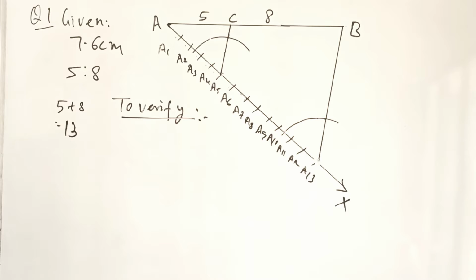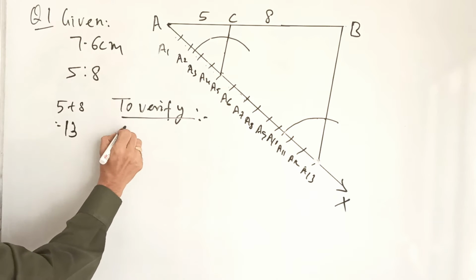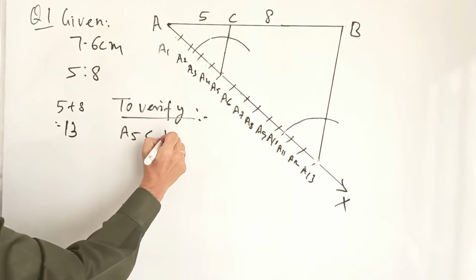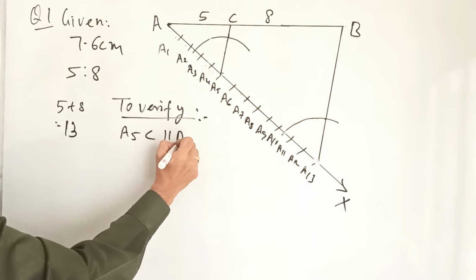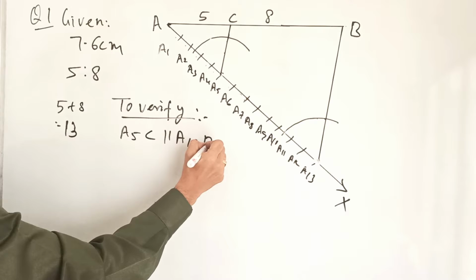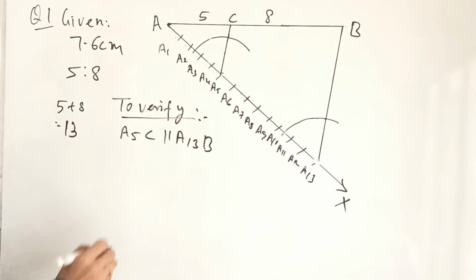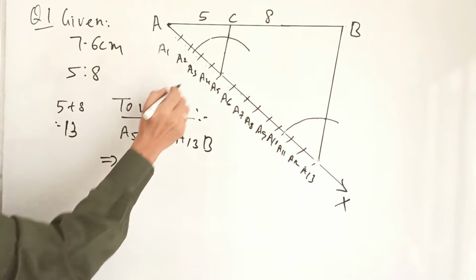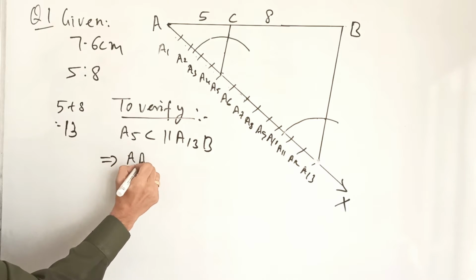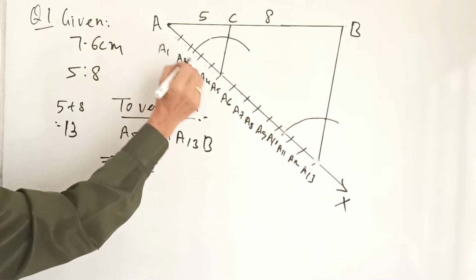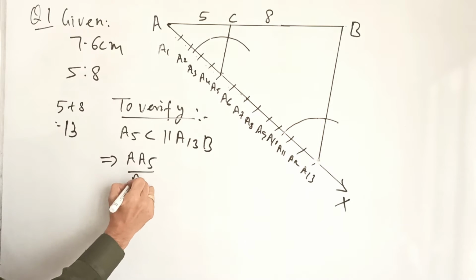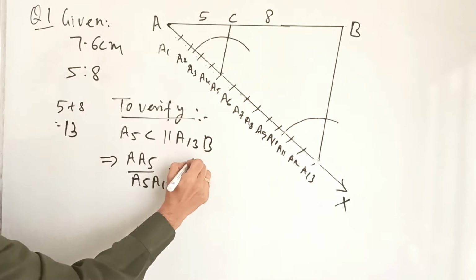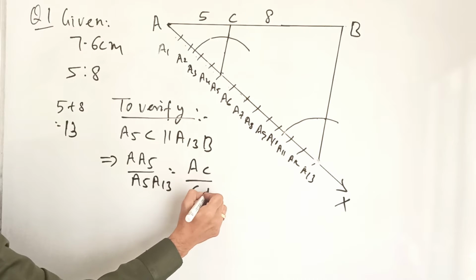We'll use the BPT. Listen here, the line A5C is parallel to A13B, by construction. So by BPT what would happen? AA5 upon A5A13 is equal to AC upon CB.